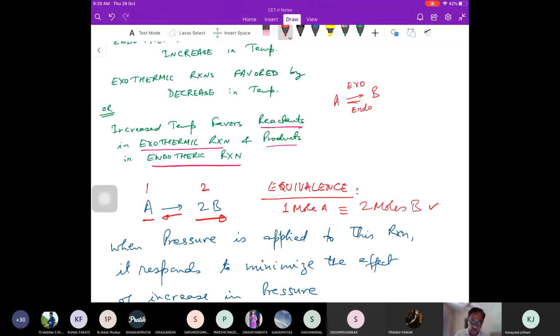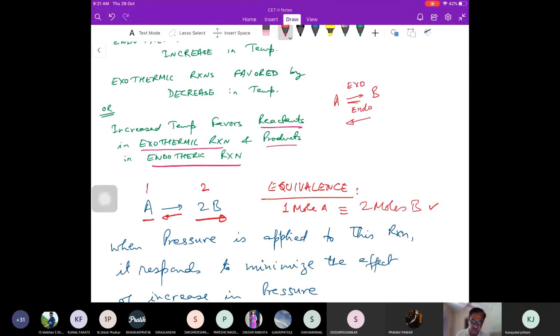So when the temperature is increased, it will proceed in this direction in an exothermic reaction, because the reverse reaction is endothermic.